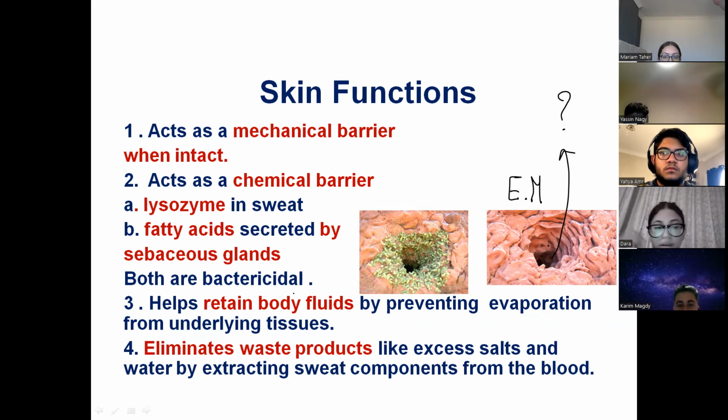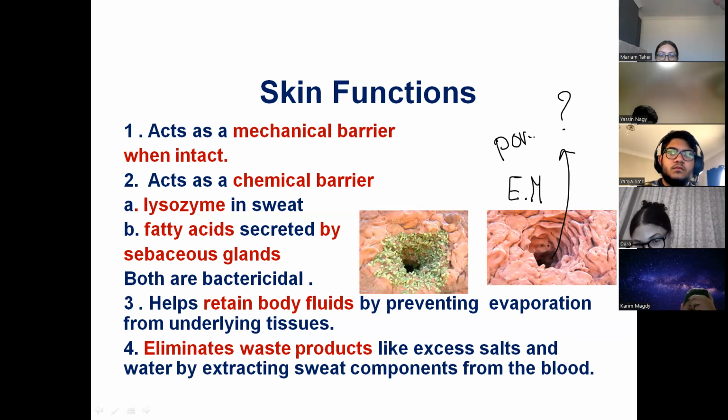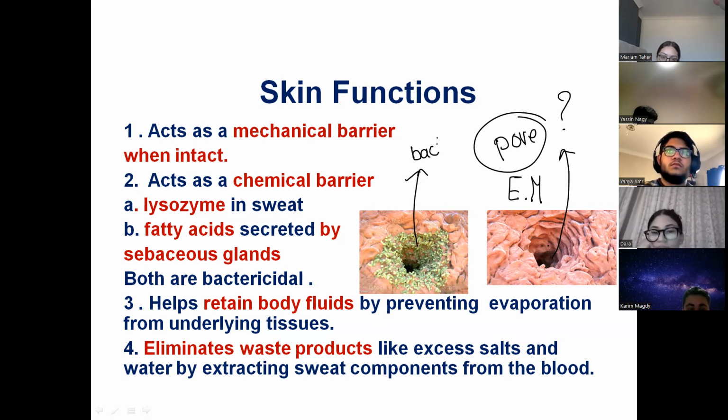We are talking about the skin, so of course this is the skin, and the structure I am labeling is a pore, a skin pore, and that is also the opening of a sweat gland. All these greenish structures you see in the picture are bacteria.